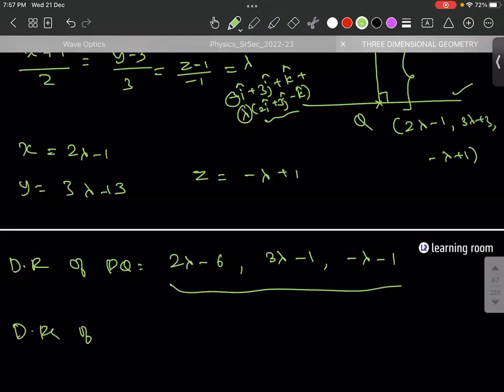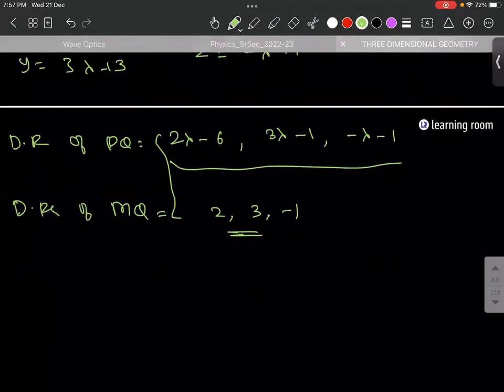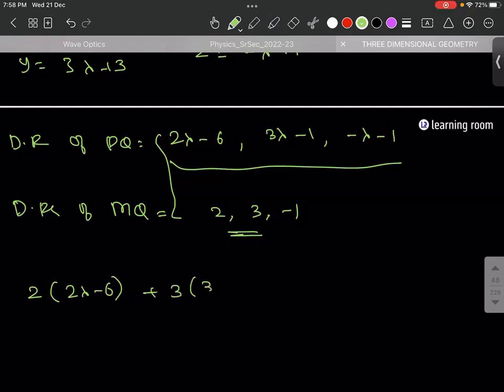What are the DRs of the given line? That will be 2, 3, minus 1. So since they both are perpendicular, what should I do to them? A1A2 plus B1B2 plus C1C2 should be 0. So 2 into (2 lambda minus 6) plus 3 into (3 lambda minus 1) minus 1 into (minus lambda minus 1).